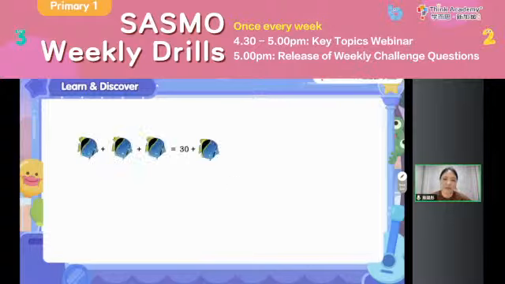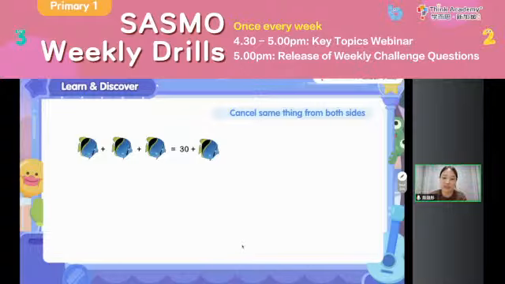How about this? We see 3 fishes plus 30 equals 1 fish. Just now we said we simplify the equation first, right? We can cancel the same thing from both sides. Imagine this is the scale, the balance. If we want to keep it balanced, if we take away 1 kilogram from both sides, the scale will still be balanced, right?